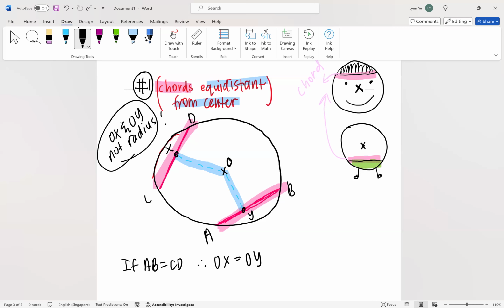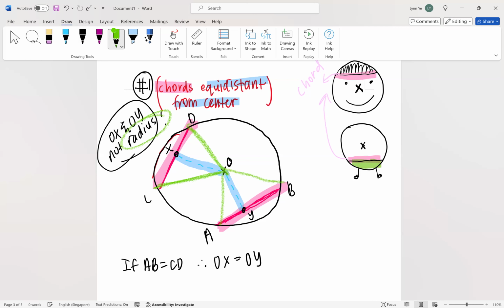There are radii, but where? There's no L. There's only A, B, C, D, and X and Y. Yes, CO is the radius. What else? DO is a radius.